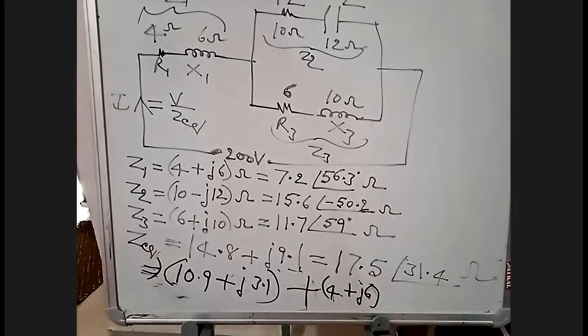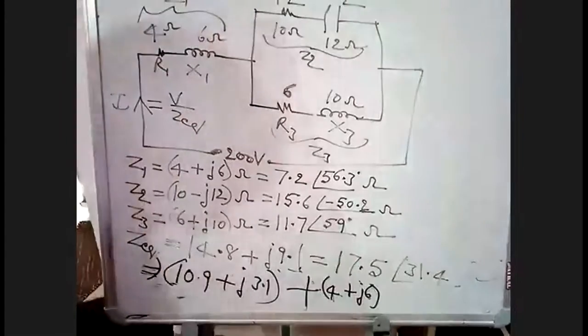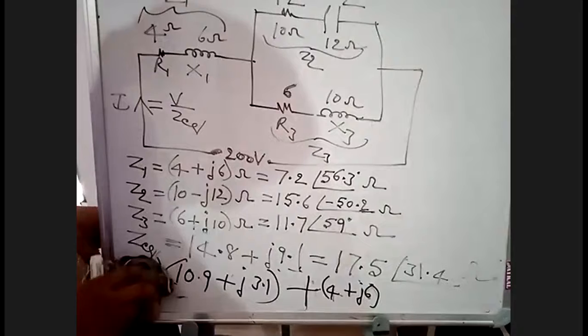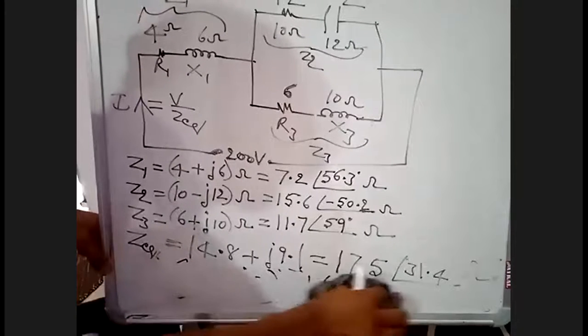Mode COM, press 1, I think, in your calculator. Any doubt in Z equivalent? This is your Z equivalent value.